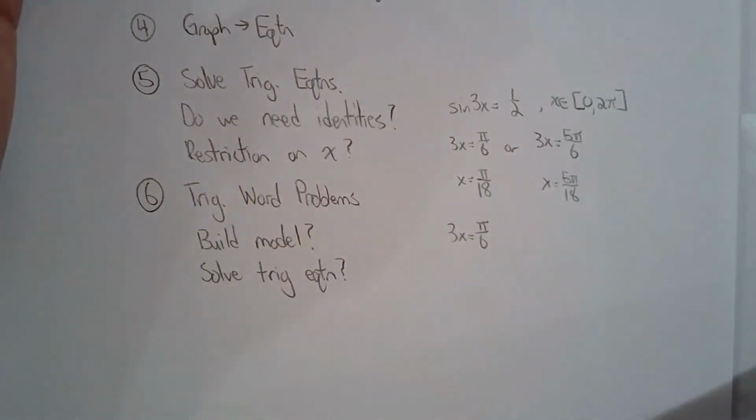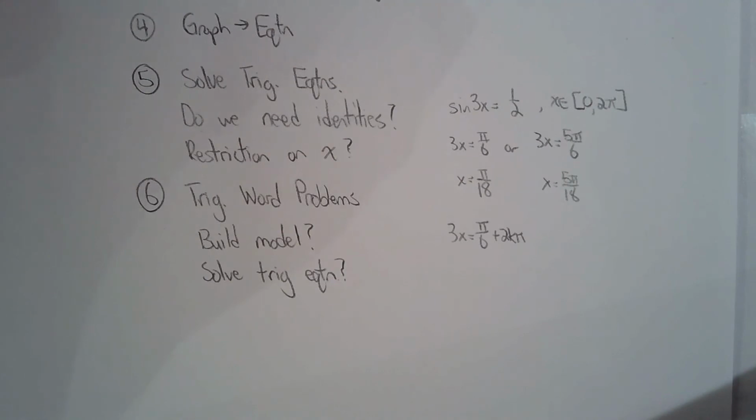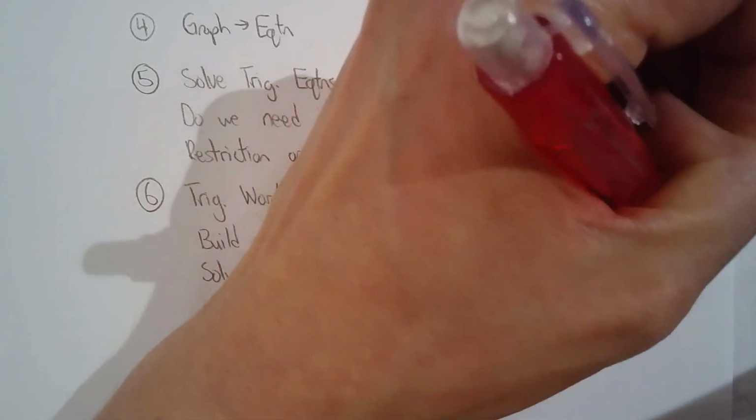So yes, 3x equals pi over 6 plus 2k pi. Any angle coterminal to pi over 6 will also give me a ratio of 1/2. And 5 pi over 6 plus 2k pi. K is an integer. So x is pi over 18 plus 2k pi over 3.